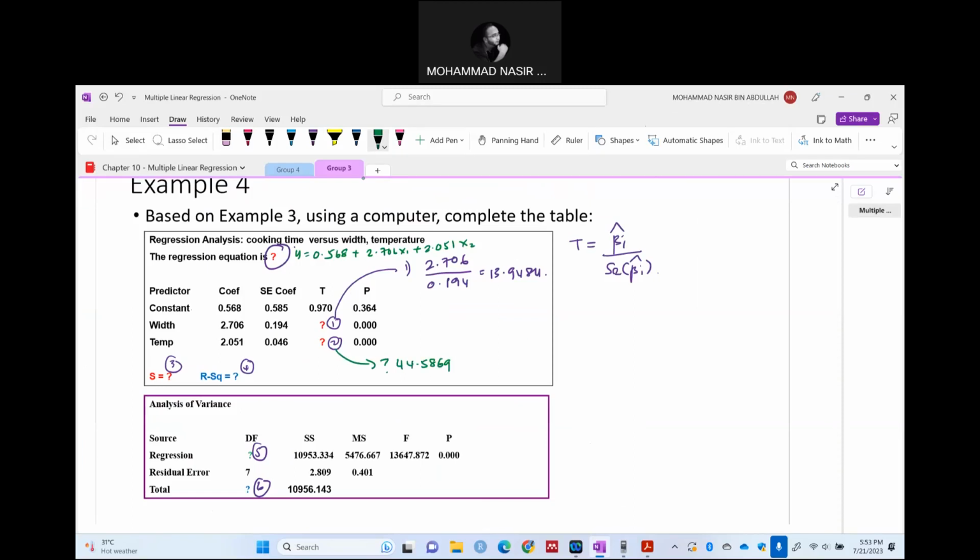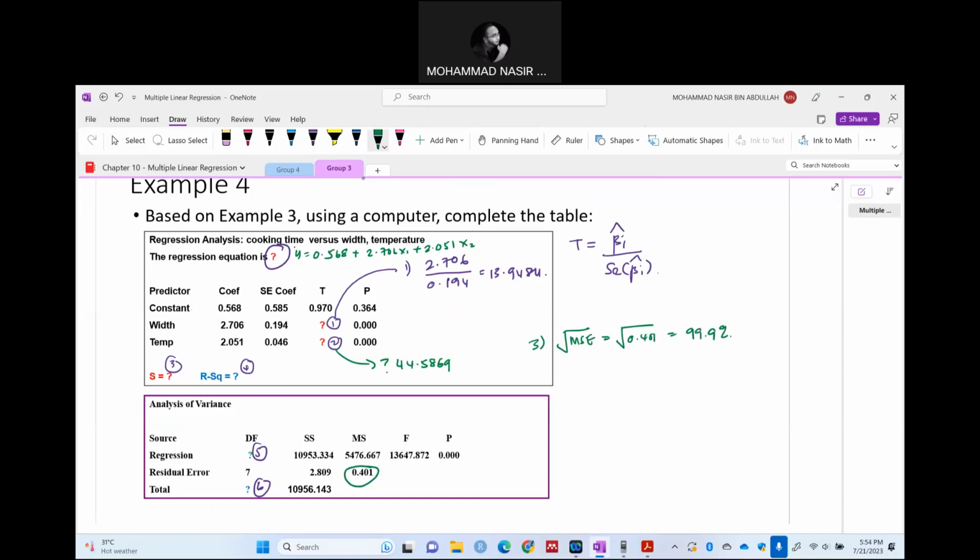Okay. And standard error of the estimate. So number 3, square root of MSE, which is equal to, our MSE is 0.401.